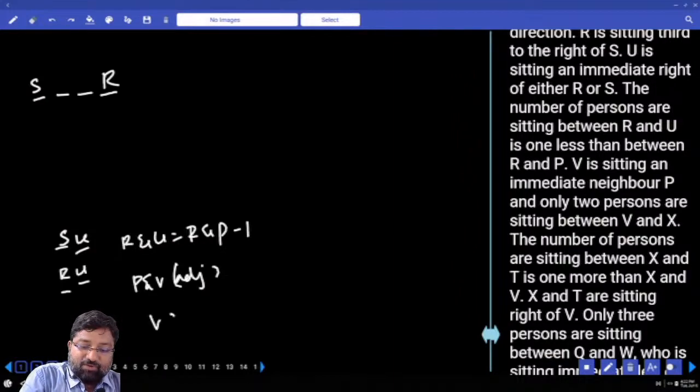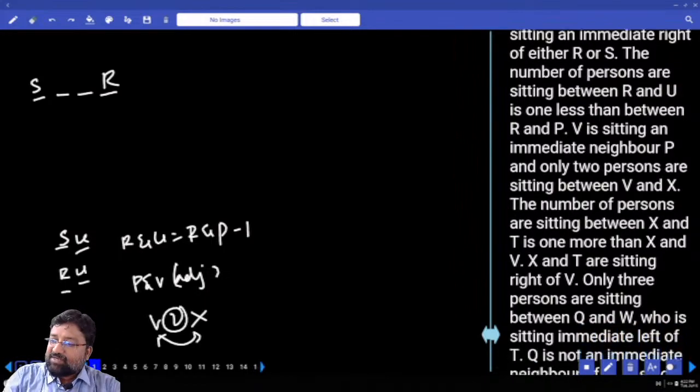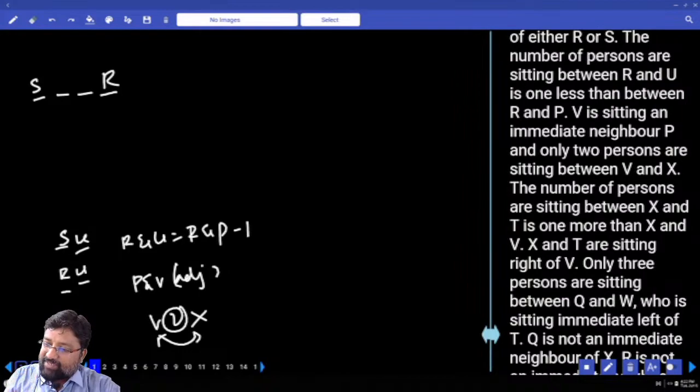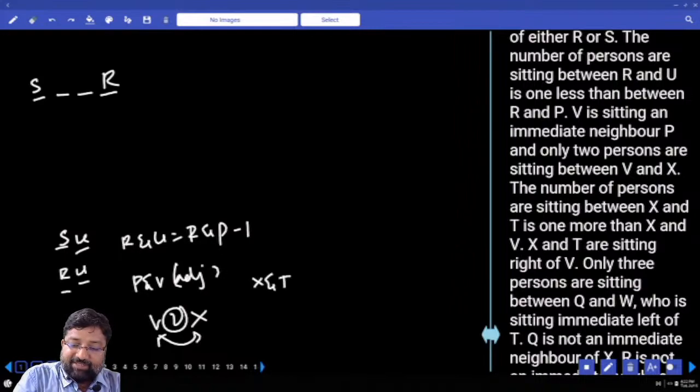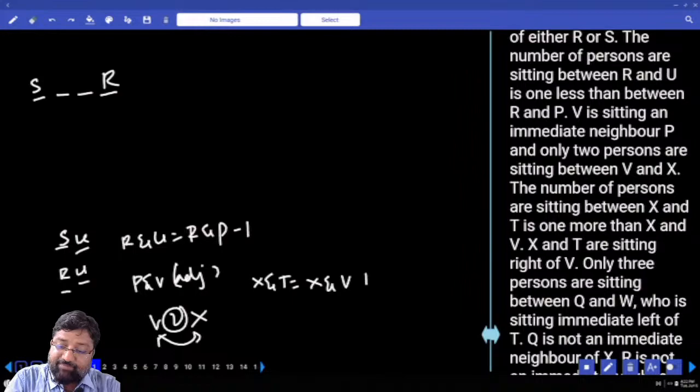Adjacent. Only 2 persons are sitting between V and X. The number of persons sitting between X and T is 1 more than between X and V. X and T is equal to 1 more or 1 less? The number between X and T is the number between X and V plus 1.